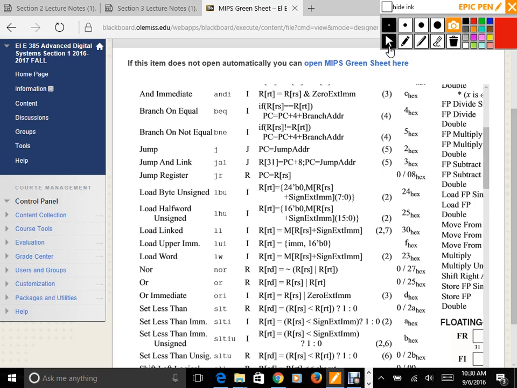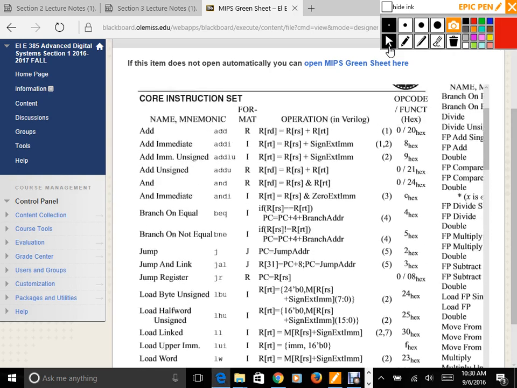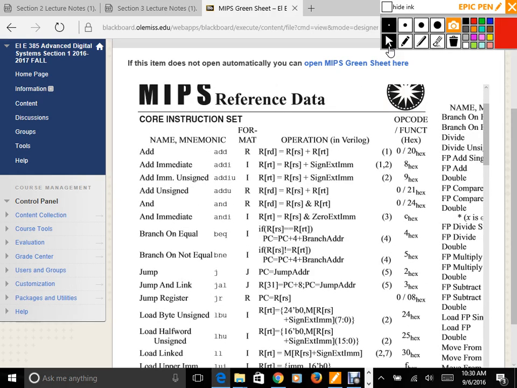Yes, Alex. For R-type instructions, it's listing both the opcode and the function. Correct. R-type instructions are all zeros. That's a good observation, Alex.